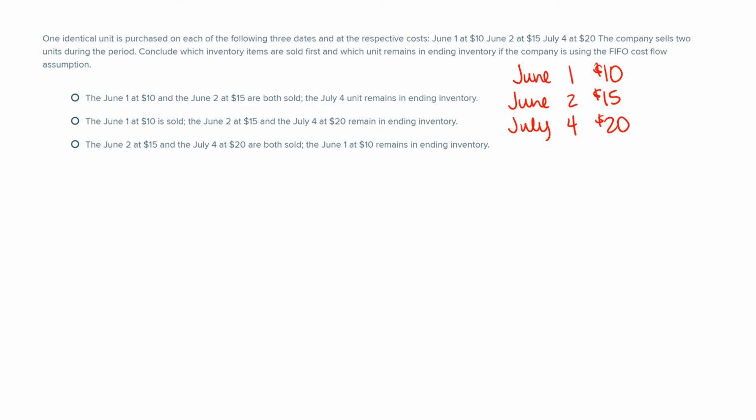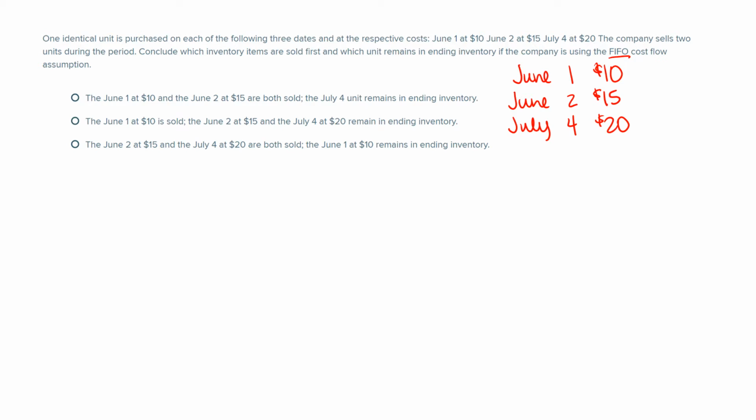Conclude which inventory items are sold first and which unit remains in inventory, ending inventory, if the company is using the FIFO cost flow assumption. So remember, FIFO is first in, first out. That means the items purchased first will be the ones sold first.